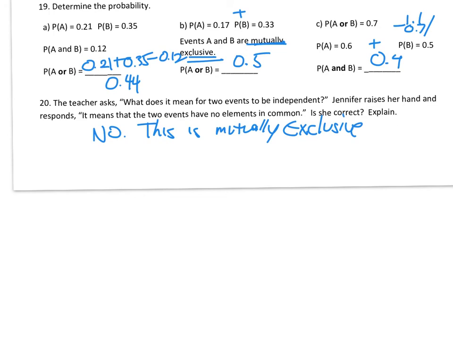So for two events to be independent means that one event has no bearing on the second event, such as spinning a spinner and rolling a die. It is possible to spin a red 3 and have both things happen.